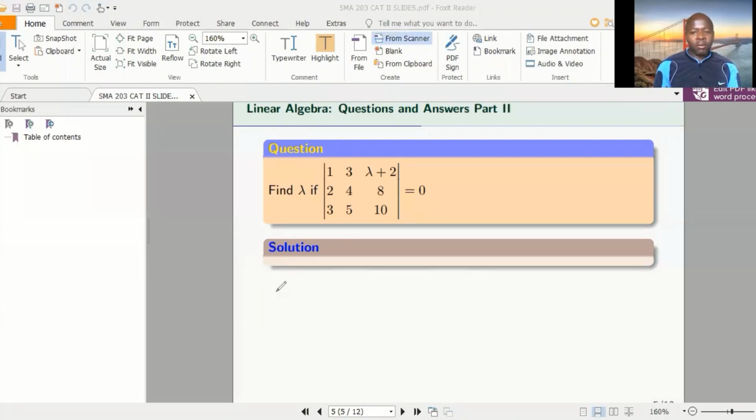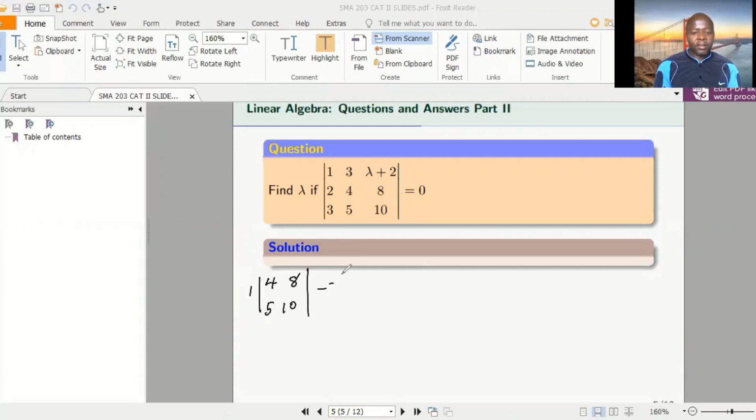I want to do it along the first row. So the determinant along the first row will be 1, multiplied by the determinant of the matrix that is left when I delete the row of 1 and the column of 1. You're left with 4, 8, 5, 10.